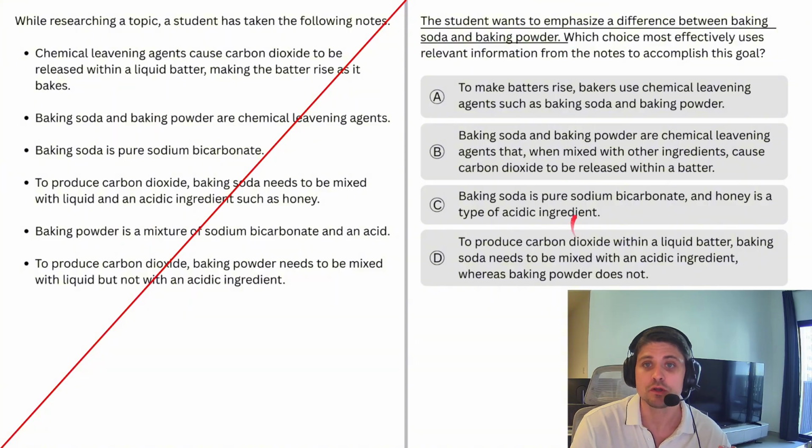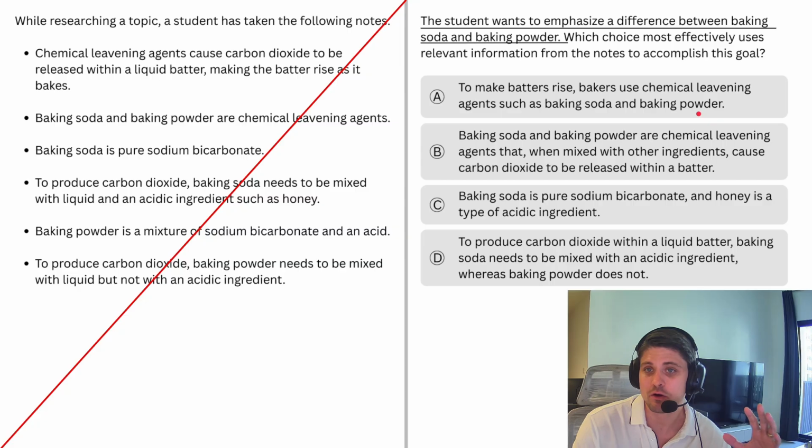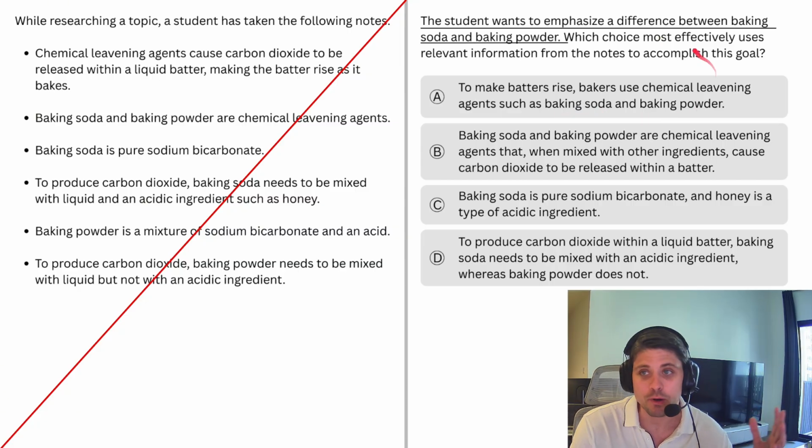Very simple. So, A, to make batters rise, bakers use chemical leavening agents such as baking soda and baking powder. All right, that mentioned baking soda, that mentioned baking powder, but did you see a difference between them? No, that's a similarity. They're both used to make batters rise.